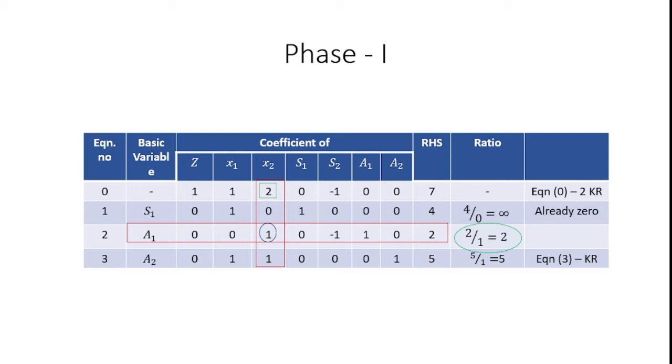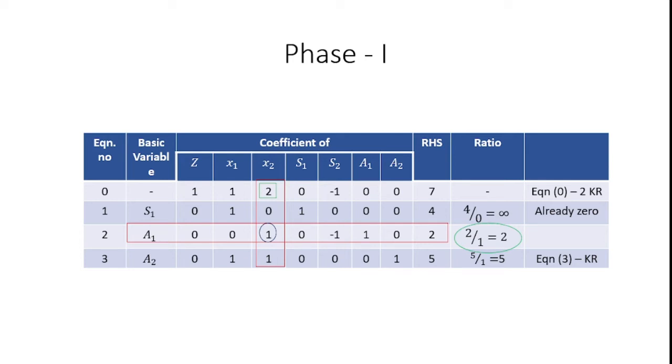According to this table, 2 is the maximum positive value, so I pick it as the key column value and mark that column with a red box. Now I have identified the key column.